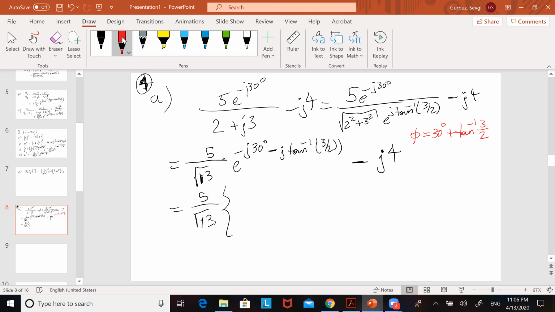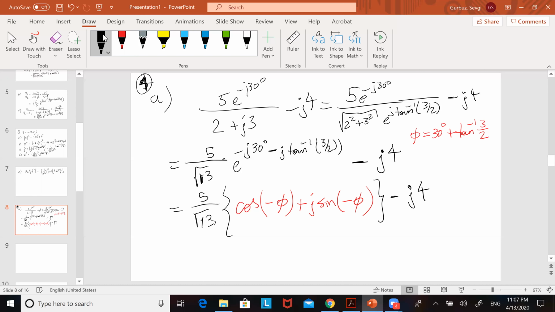And so then I'm going to write this as the cosine of, now remember the way I've defined the phase is that this is minus the definition of phi as I've written it here. So I'm going to write this as minus phi: cosine of minus phi plus j sine of minus phi. And then all of this is going to be minus 4j.